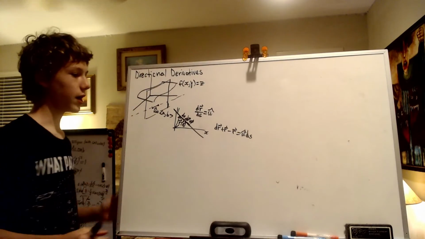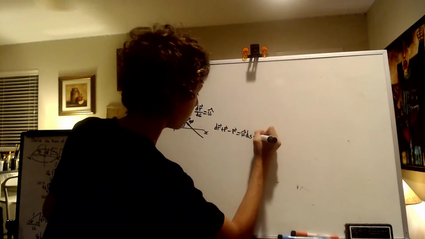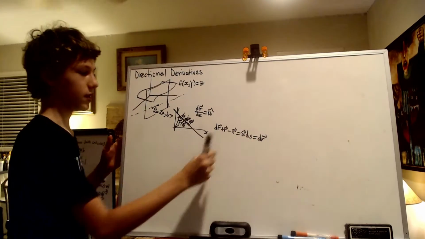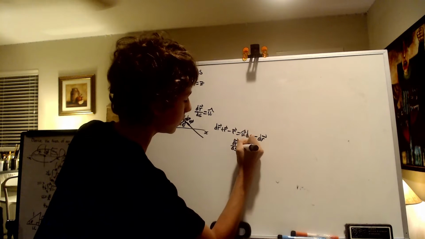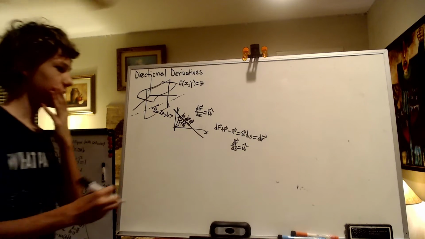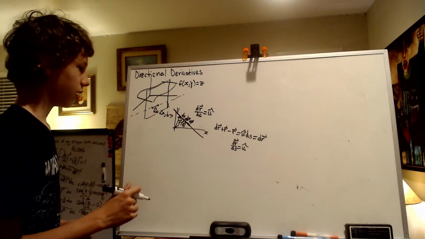The reason u hat is here is because it has unit length, and we need this to be a vector. That implies that dr equals u hat ds, which tells us that dr/ds equals u hat. Okay? So this will be useful in our final equation.